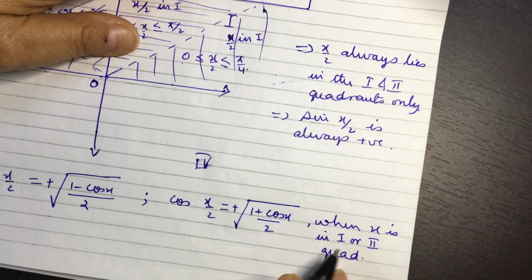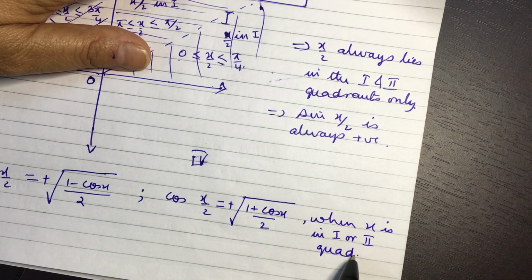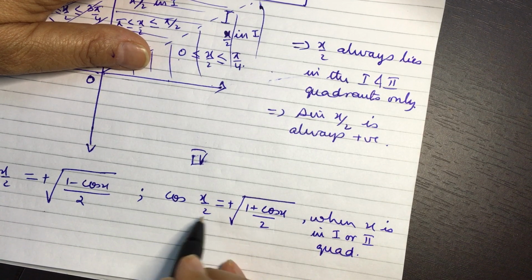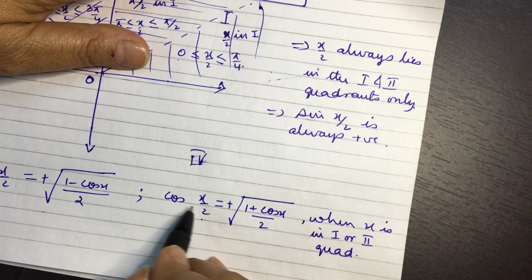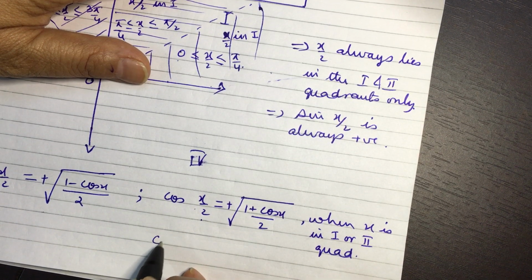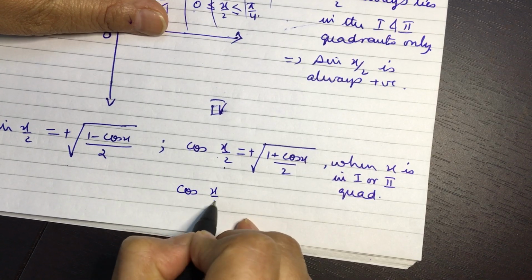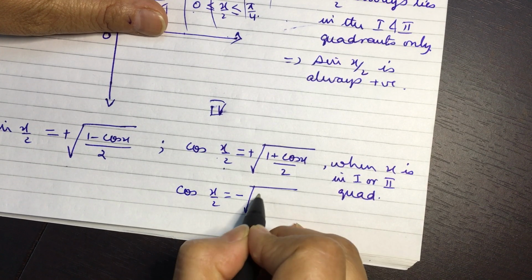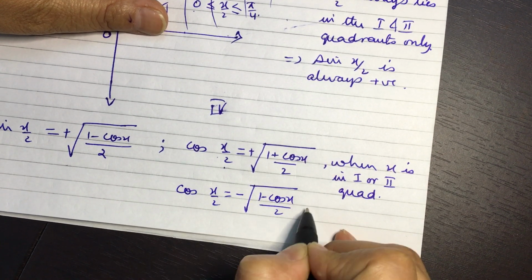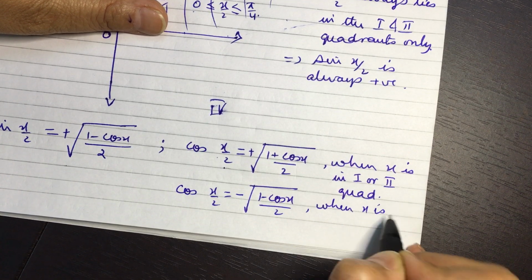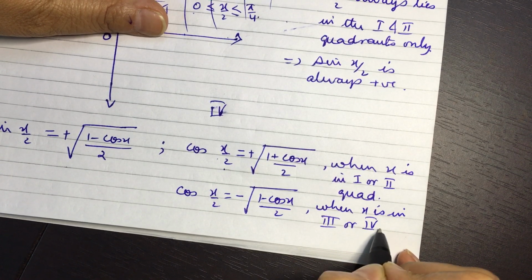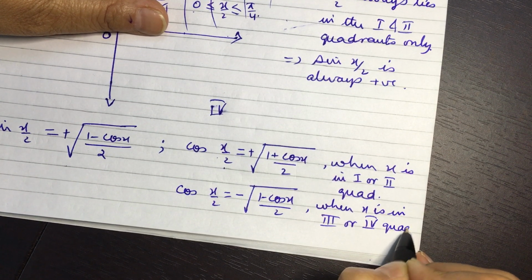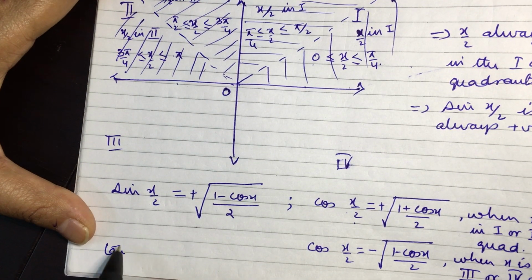Now here you don't have to get confused. Here we are talking about the quadrant to which x lies, whereas there we are talking about the quadrant to which x by 2 lies. And cos x by 2 is minus the square root of (1 plus cos x) over 2 when x is in the third or fourth quadrant, and accordingly we can find the value of tan x by 2.